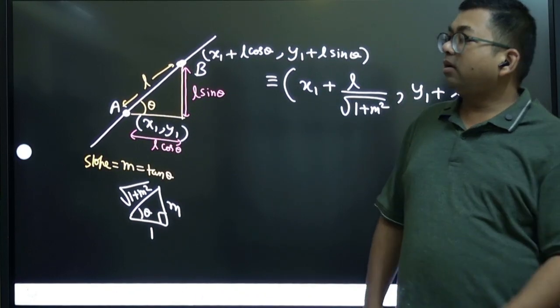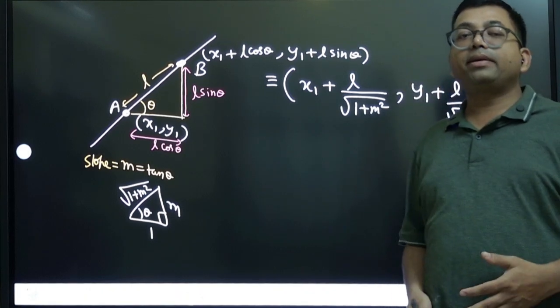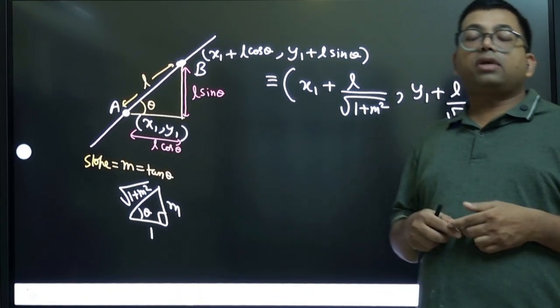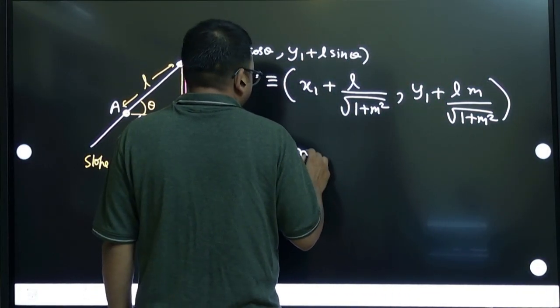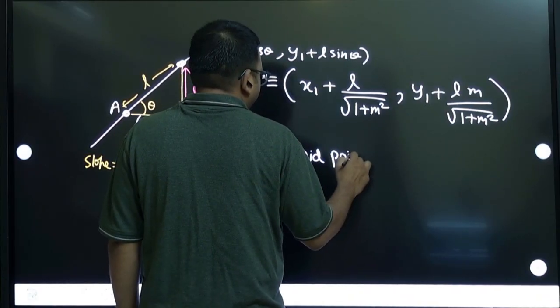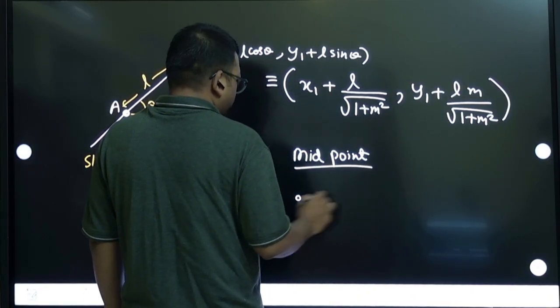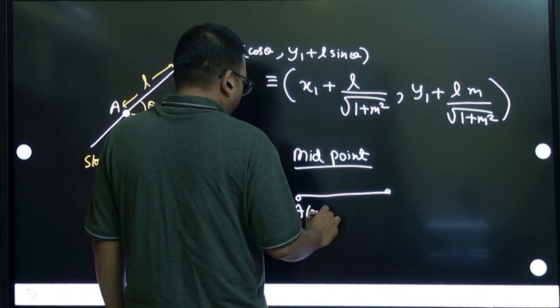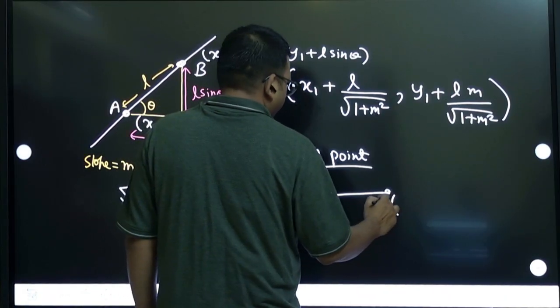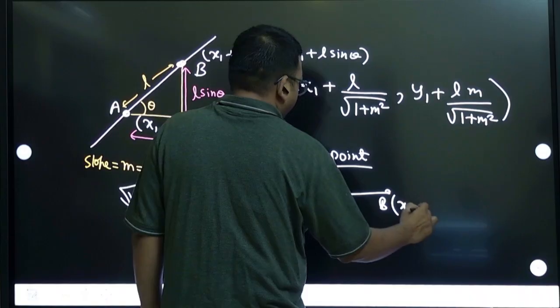What else? Section formula also has applications, like when we want to calculate the midpoint. Suppose 2 points are there, this point is A, x1 comma y1, and this point is B, x2 comma y2.